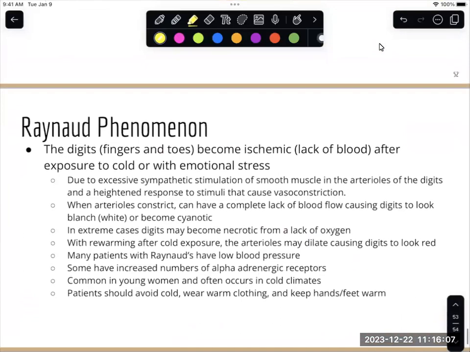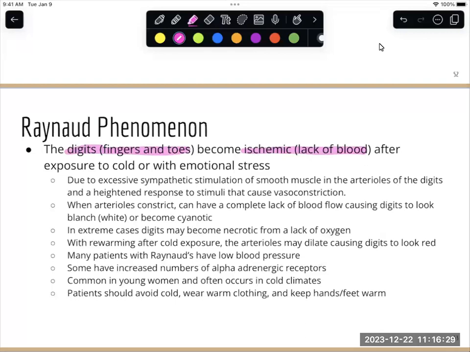Another one, Raynaud's phenomenon. This happens usually in the fingers and the toes, and it's where the blood vessels actually spasm and close off blood supply to the fingers or the toes. They become ischemic. That lack of blood supply, those blood vessels spasm and close.